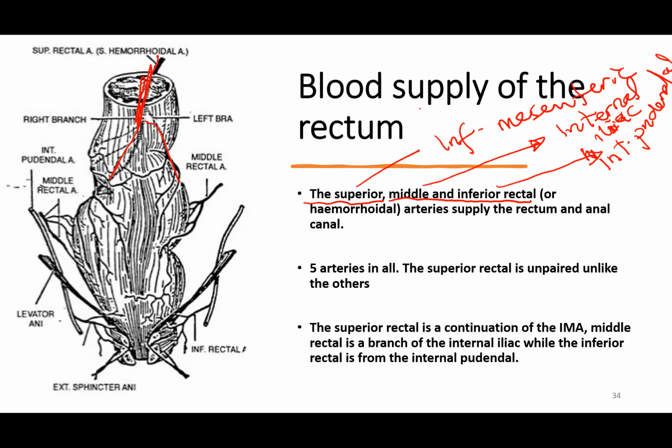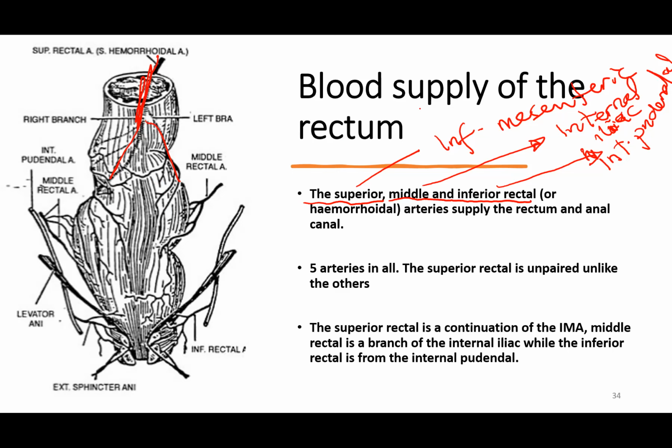The superior rectal artery is a continuation of the inferior mesenteric artery. The middle rectal is a branch of the internal iliac, while the inferior rectal is from the internal pudendal. All these take origin from the anterior branch of the internal iliac artery.